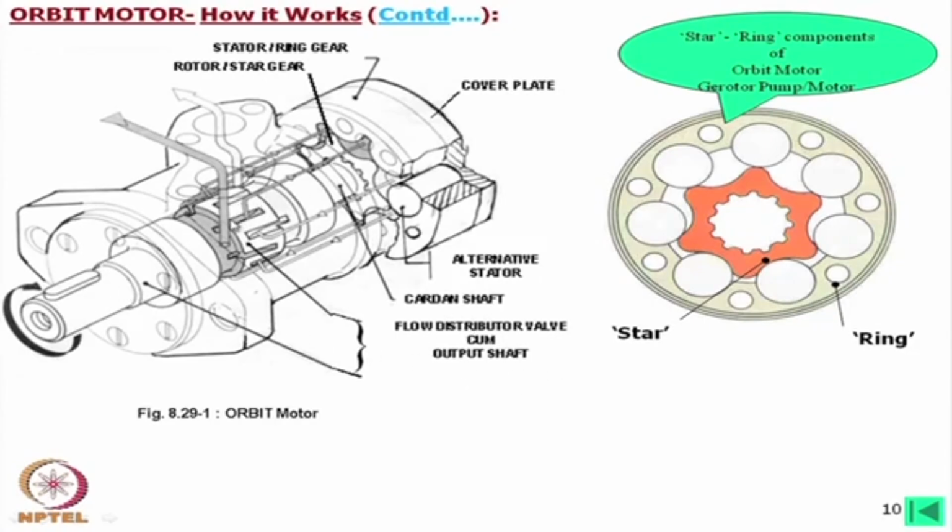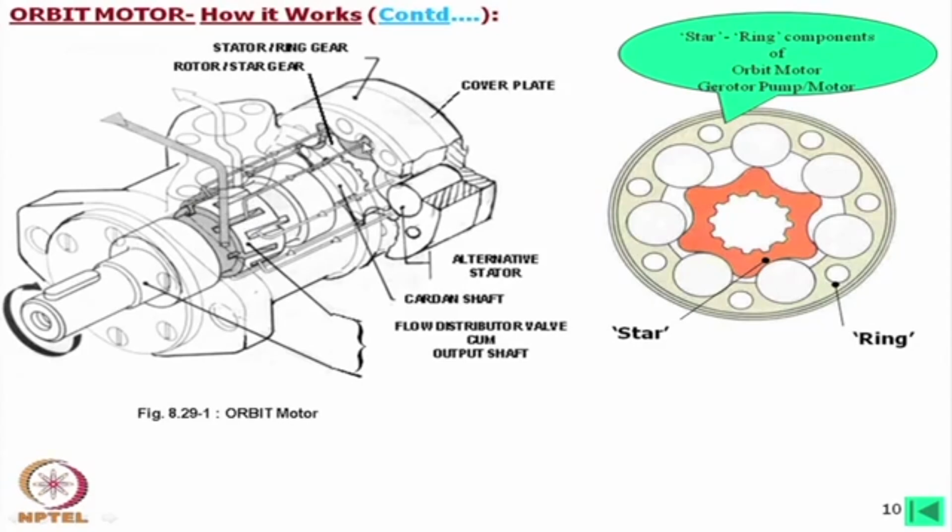In that valve, I shall describe the valve function later, but at this moment just look at this. The oil is coming through the outer body to this pocket, then there are a few slots on this valve, and through this slot it is going inside the chamber.